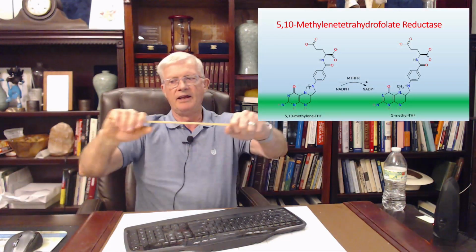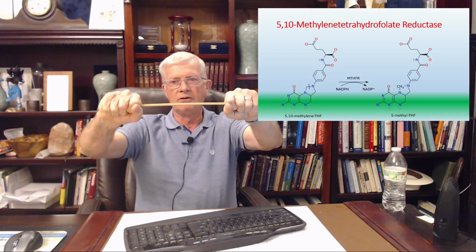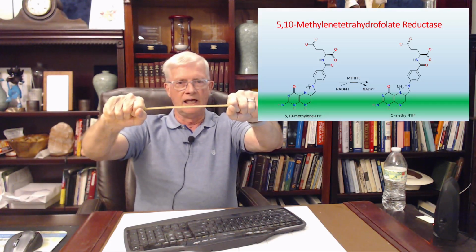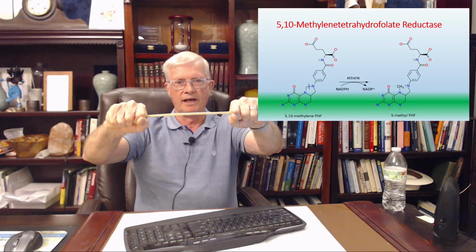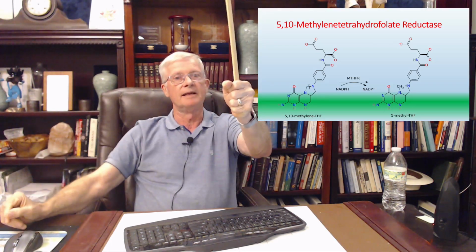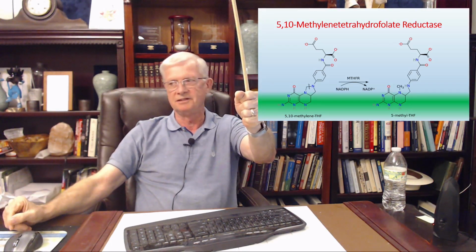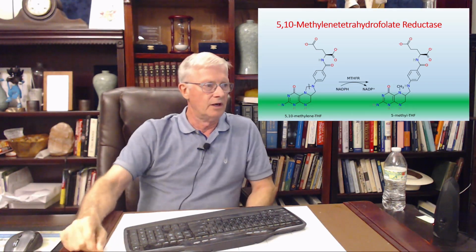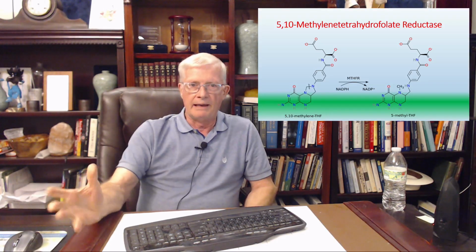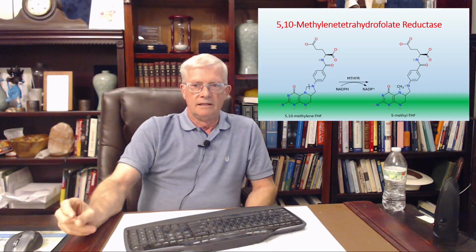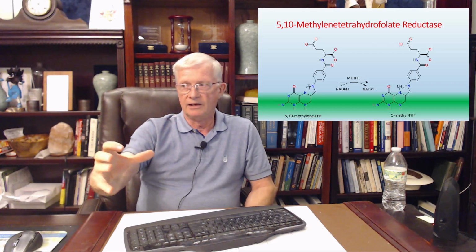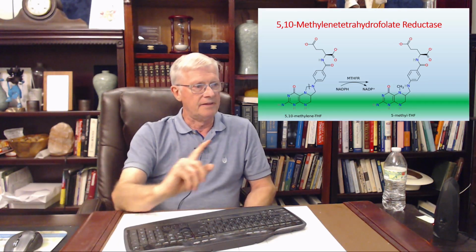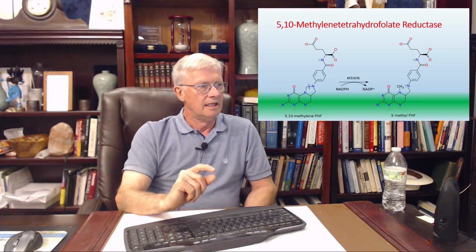It's kind of like if I held this stick from both sides, it would be hard to get it loose. Now, turn loose of one side and it's up like that, you can grab it much more easily, right? Okay, that's what it's doing. It's making that carbon where it can be grabbed and put onto something else. And that's the purpose of this enzyme.